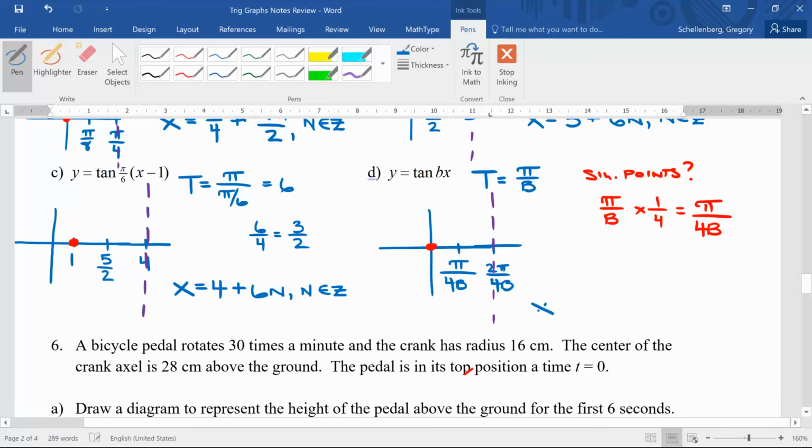So we will say that x is equal to, now 2 pi over 4b, we'll just simplify that to pi over 2b. And then we are adding integer multiples of the period. The period's pi over b, so we'll say plus n pi over b, and we'll specify that n has to be an integer.